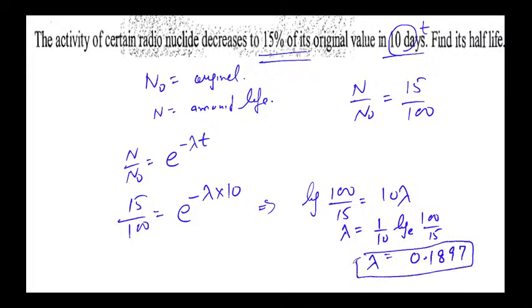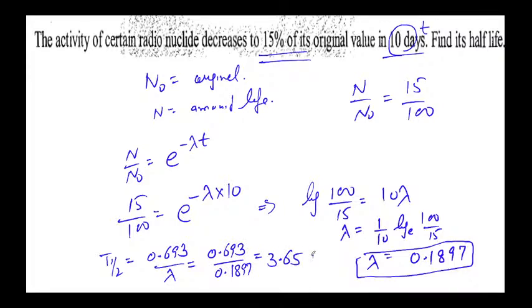Once you find lambda, you can find the half-life period, 0.693 over lambda, which is 0.693 over 0.1897, so it comes out to be 3.65 days.